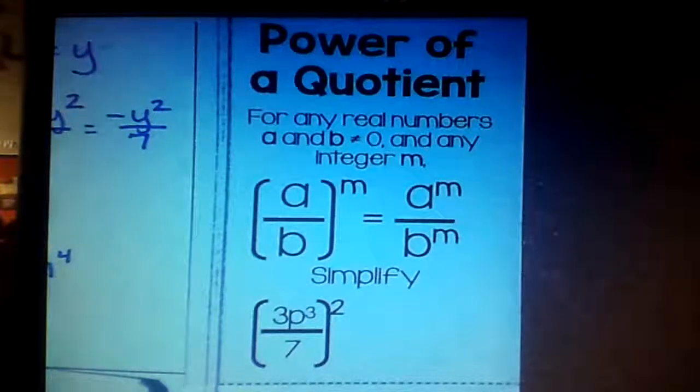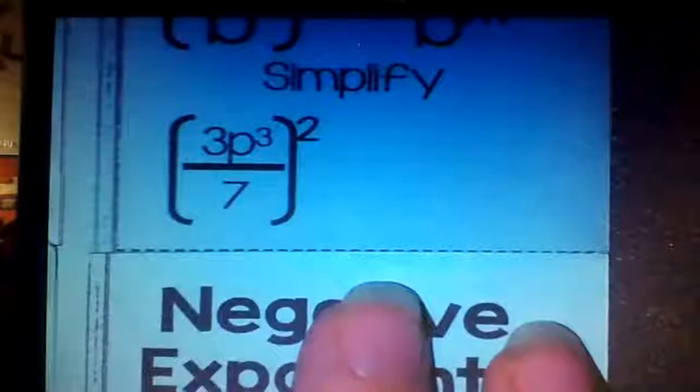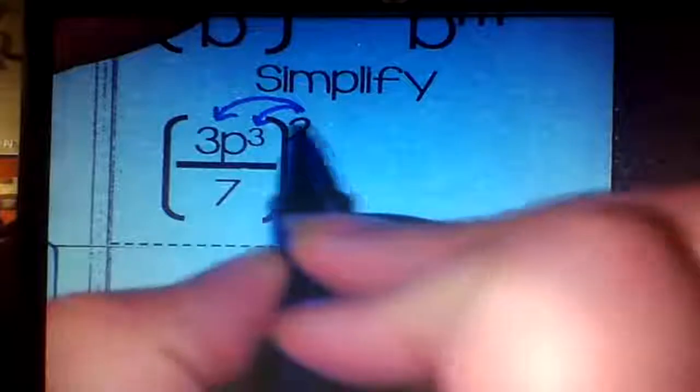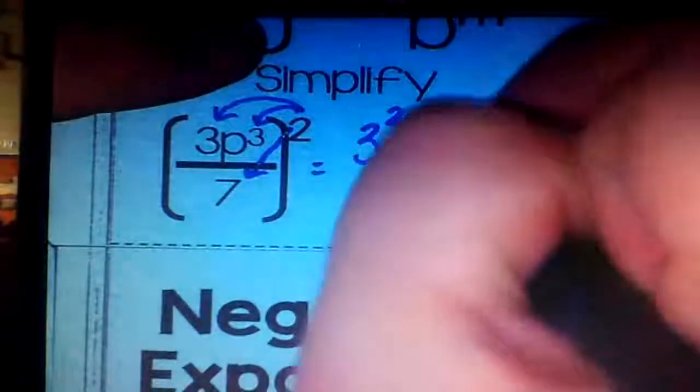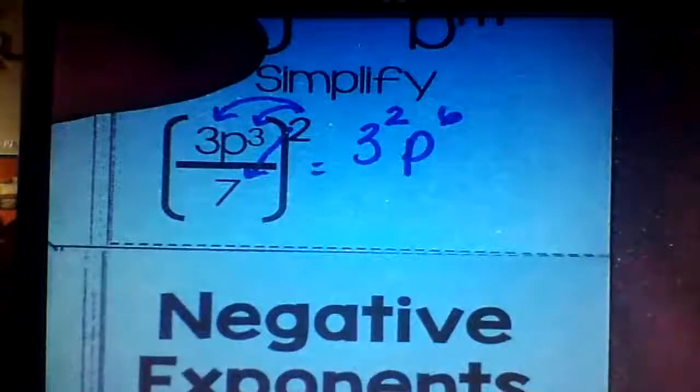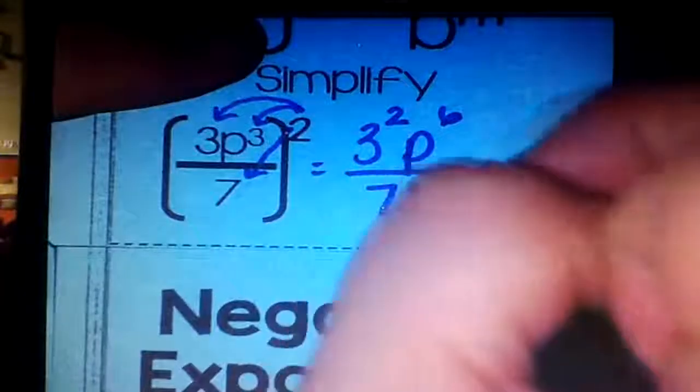Let's look at this example at the bottom where it says simplify. My 2 multiplies by every exponent on the inside. So this becomes 3 to the 2nd, p to the 6th, over 7 to the 2nd.